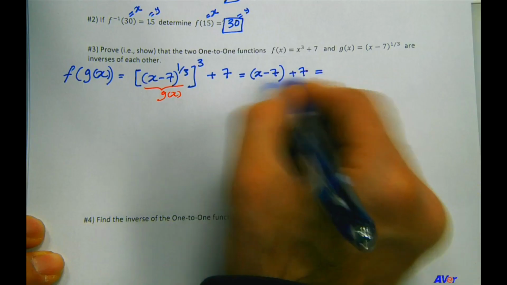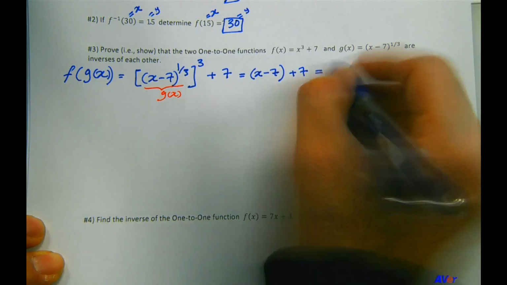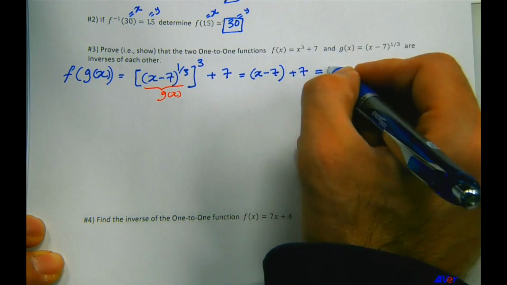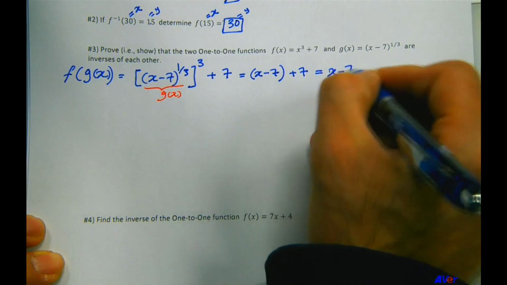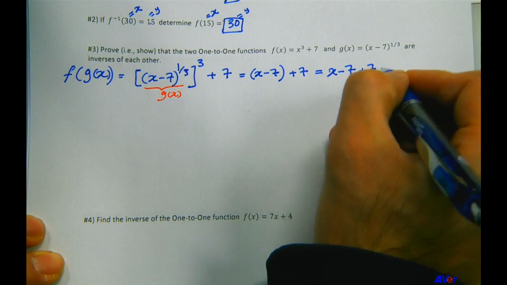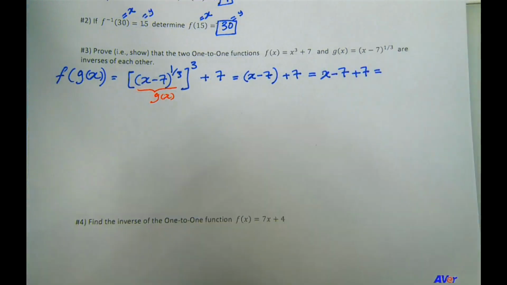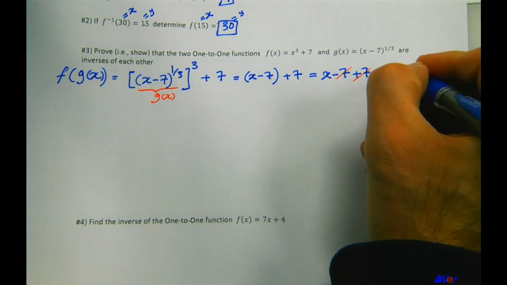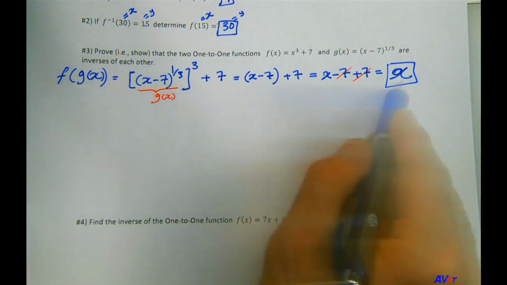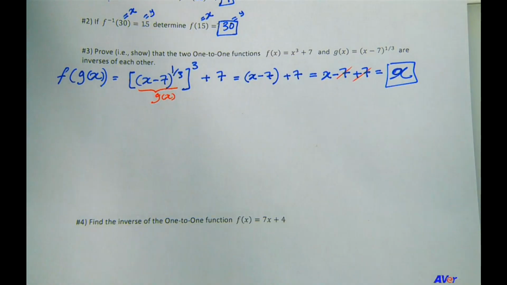Just remove the parentheses because plus is a neutral algebraic sign. So we have x minus 7 plus 7. The negative 7 and positive 7 add up to 0, so we have x as the result of this composition function.